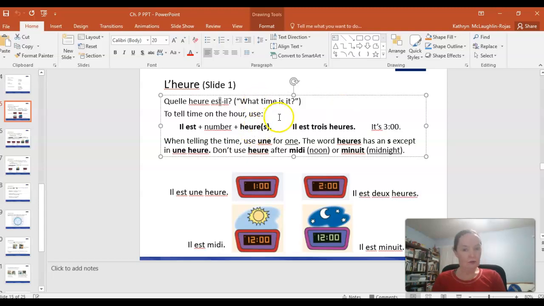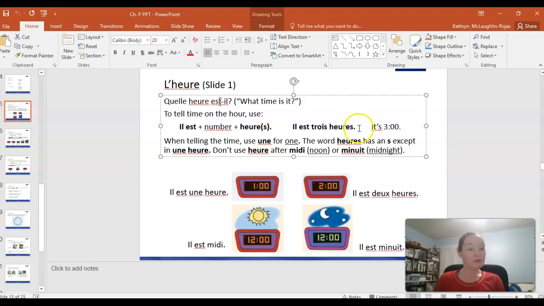Okay, to answer that question, all we do is change the word order a little bit. We change it from question word order using a question word like quel, which is what or which, and now we're going to change it to start with il est. So notice that est-il becomes il est, and then you're going to add in the number for the hour it is on the clock, and then heure, depending on the number of hours you're talking about.